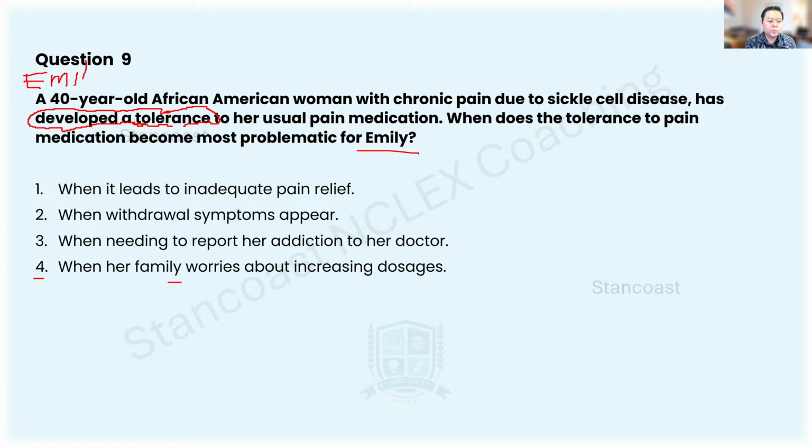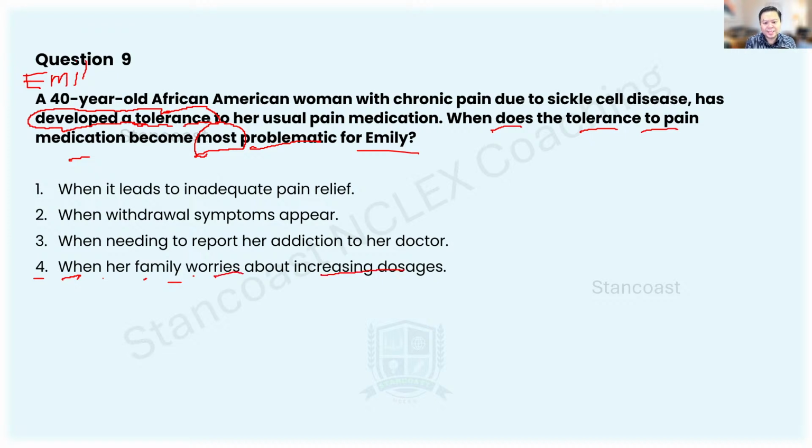And so when we are talking about this, when does the tolerance to pain medication become most problematic for Emily? Do you think that 4 would contribute to that, when her family worries about increasing dosages?